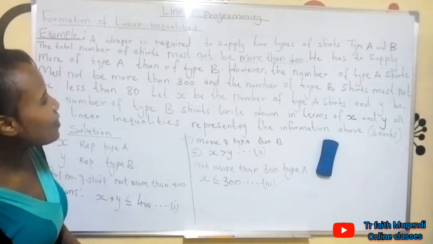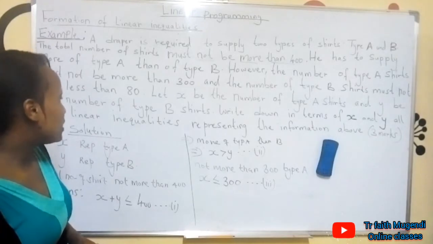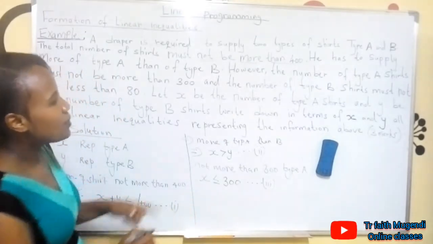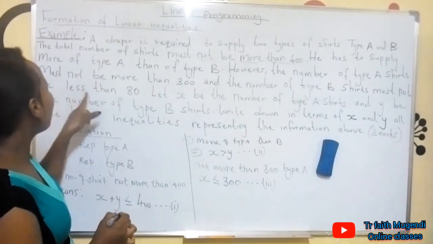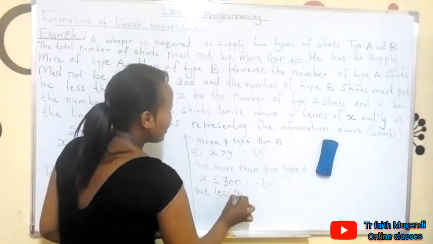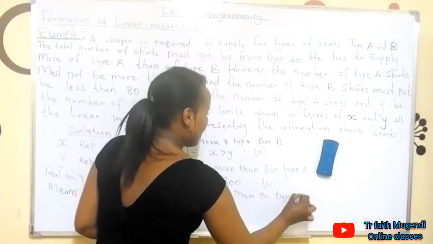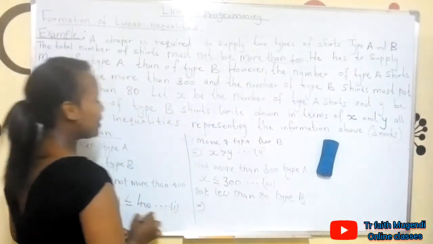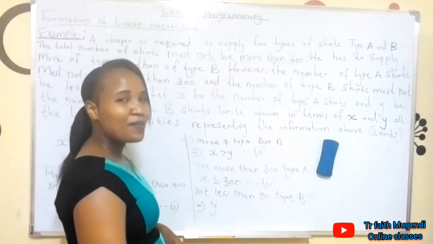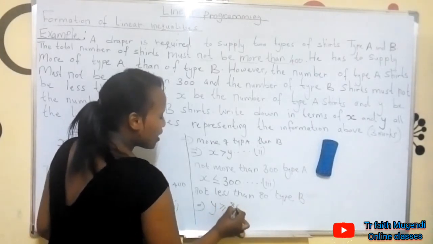Let's proceed. And the number of type B shirts must not be less than 80 shirts, okay? So when we talk of type B shirts not less than 80, this implies that y, not less than means at least, y should be greater than or equal to 80.